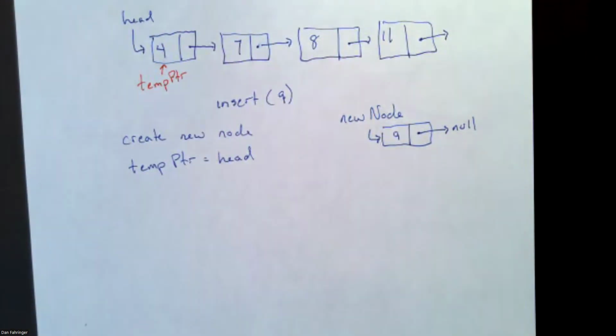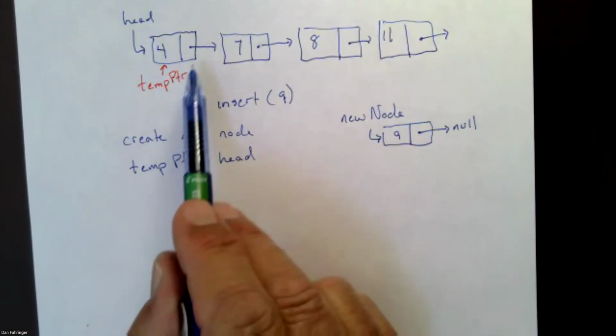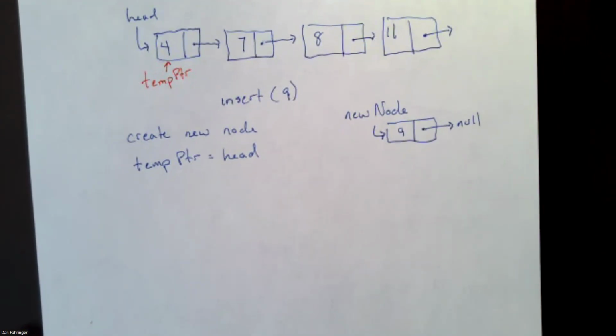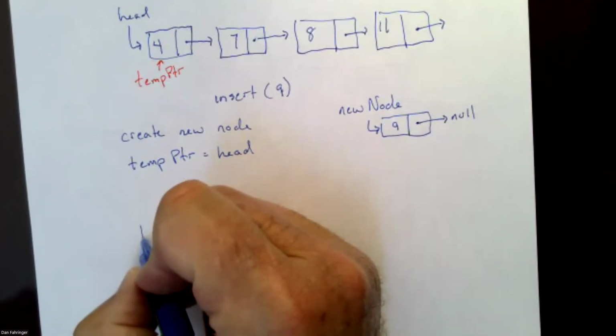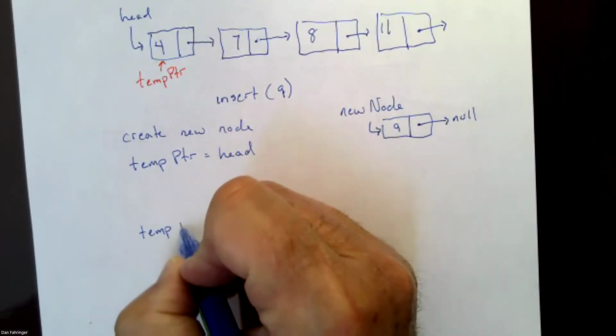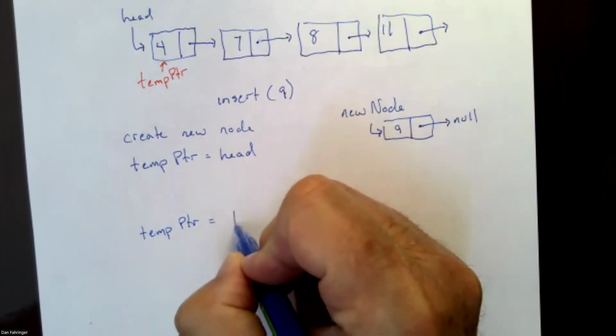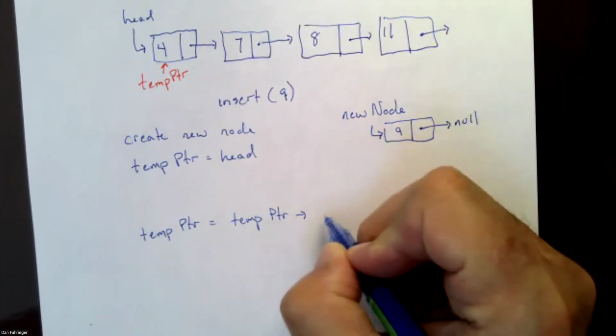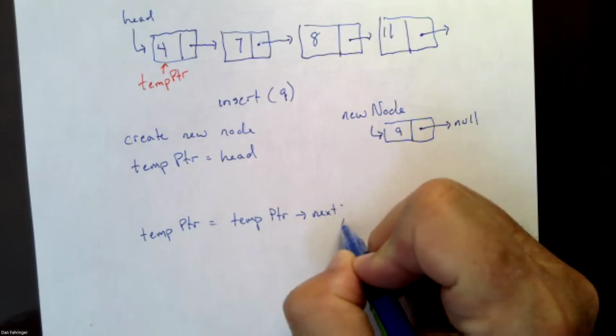How do I move over to 7? How do I get temp pointer that points to this node to point to the next node? There it is. Austin had it. Temp pointer gets the value of temp pointer arrow next.